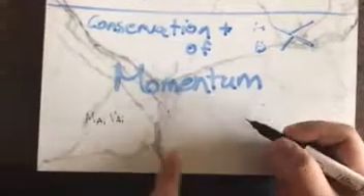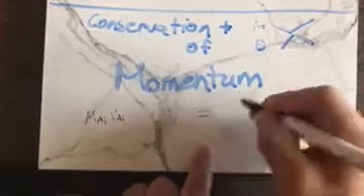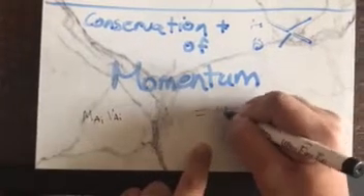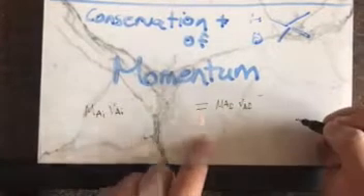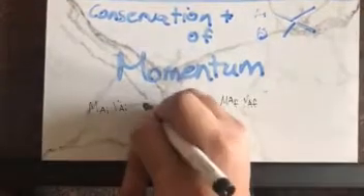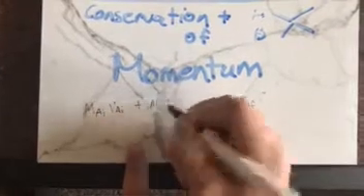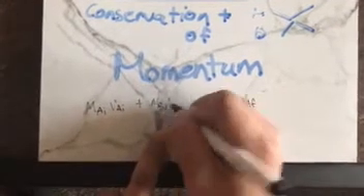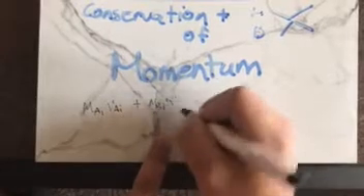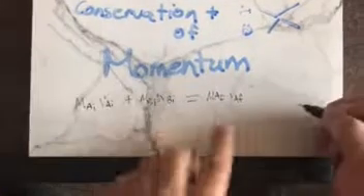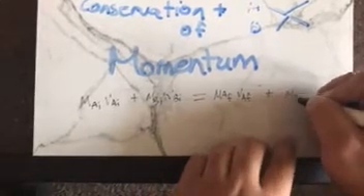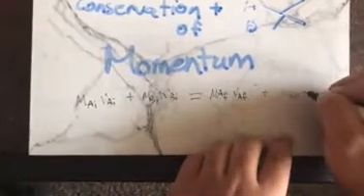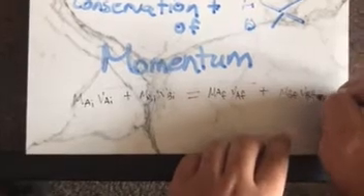And since it's conservation, we'll equate it to mass of A final times velocity of A final. Since it's two objects, we also have to do the same for object B. So mass of B initial times velocity of B initial equals plus mass of B final times velocity of B final.